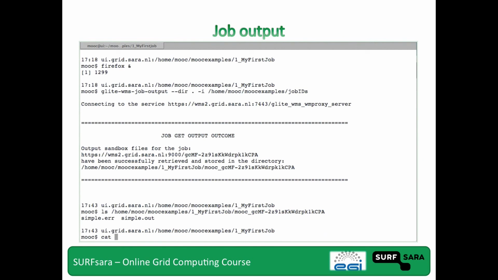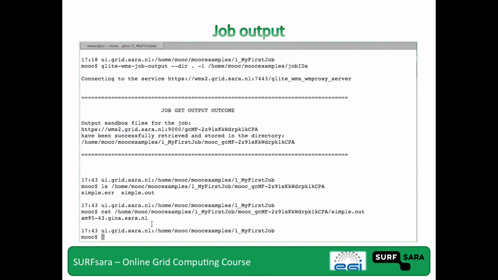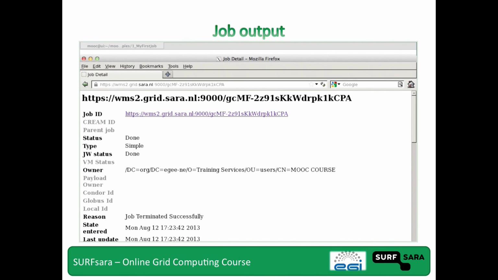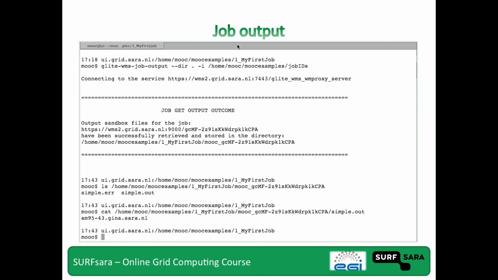As you can see, we now have the simple error and simple out files that we specified in the JDL, which contain the standard out and standard error of our job. And the output of the hostname command is what you see highlighted over here. And if you check the browser for the same job, it is now cleared. And that's basically it.